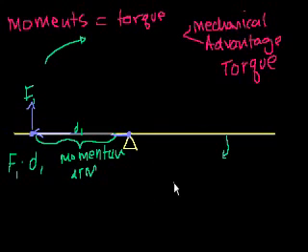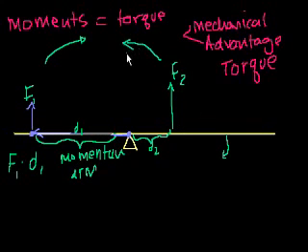And the only way that I can keep it from happening is if I exert some upward force here. So let's say that I exert some upward force here, F2, that perfectly counterbalances, that keeps this whole seesaw from rotating. It is a distance D2 away from our axis of rotation, but it's going in a counterclockwise direction, so it wants to go like that.